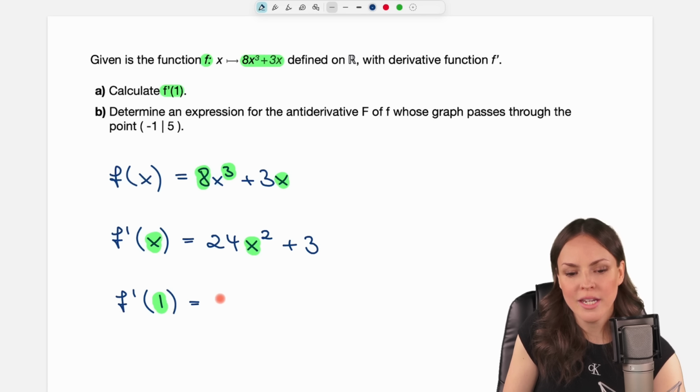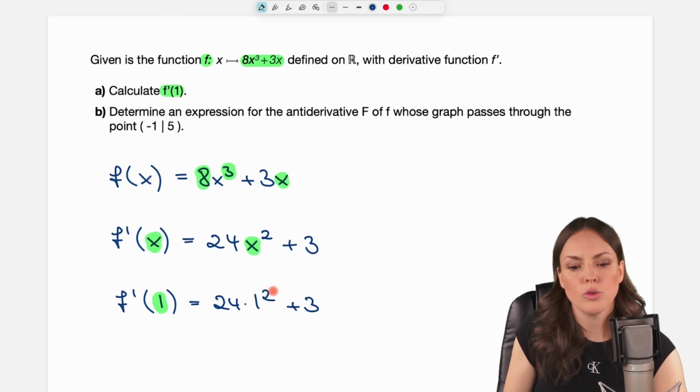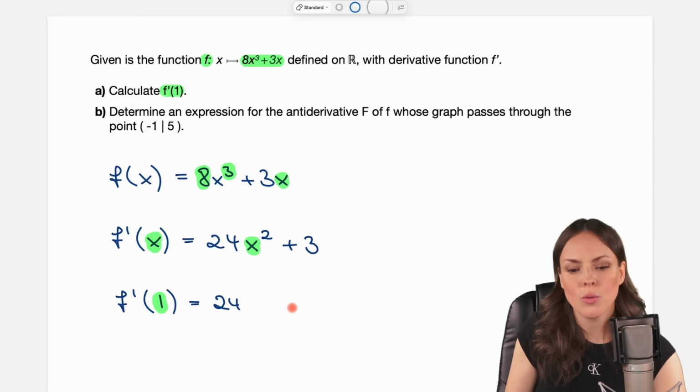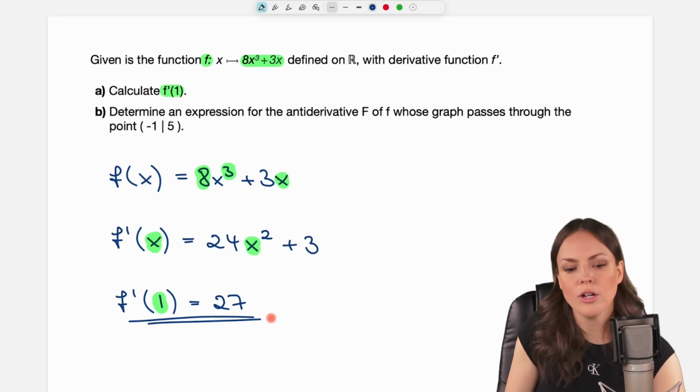So we have 24 times 1 to the power of 2 plus the 3. 1 to the power of 2 is just 1, 24 times 1 is just 24, and 24 plus 3 is 27, and this is our result of part A.